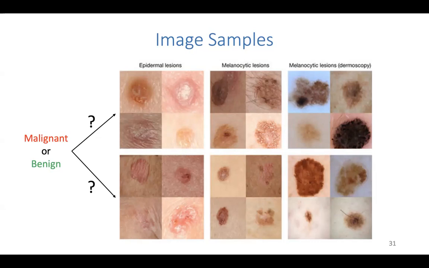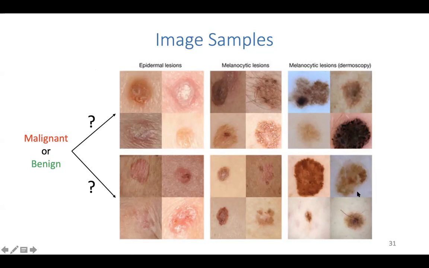To me, it was actually very confusing because I'm not a dermatologist, and it's really hard to decide which one is malignant and which is benign. I'm guessing there is no dermatologist here, so surprisingly, if it was up to me, I would say this is the malignant and this is the benign case. But actually, this is benign and this is malignant.